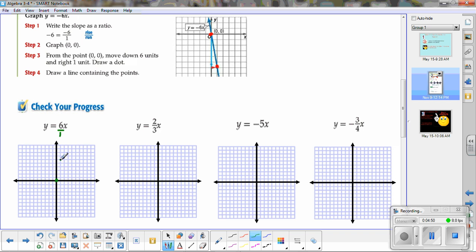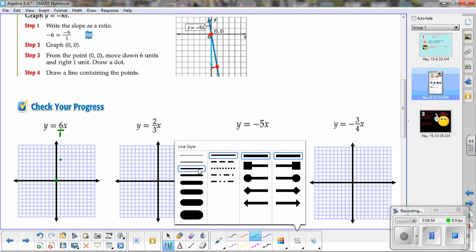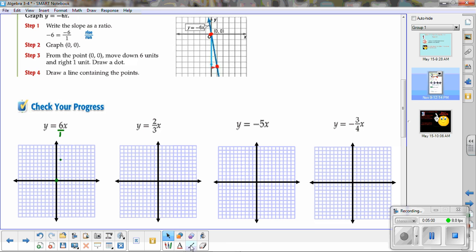Since it's positive, we went in a positive direction for both of our movements. And then we're going to connect that with a straight line, and you'd put arrows on the ends to show it goes on in both directions.